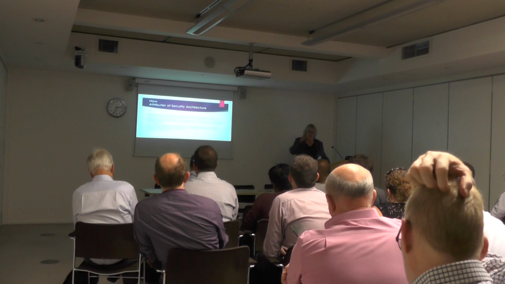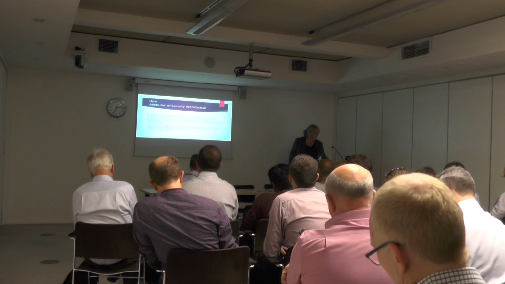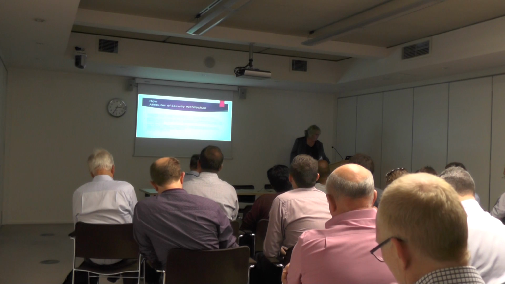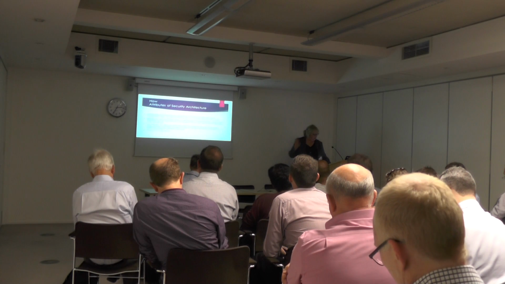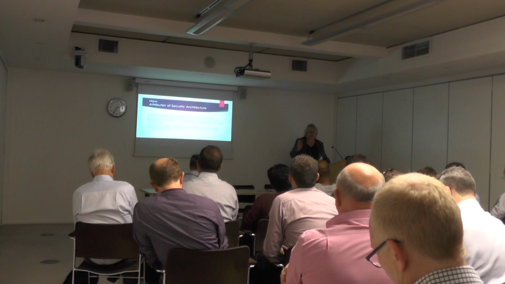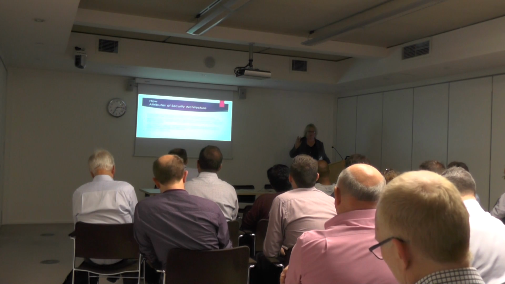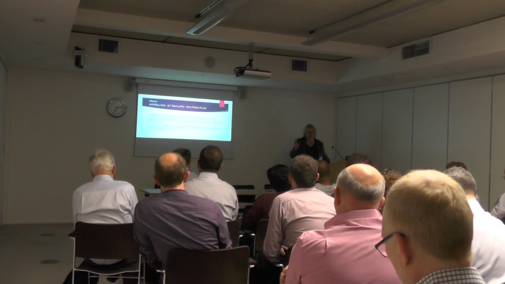So I'll come on to the next point, and remember the 4 points I identified. How? Attributes of security architecture. So you've got 3 main attributes. At the end of this slide, I've identified 4 different approaches, which are generic-ish approaches.